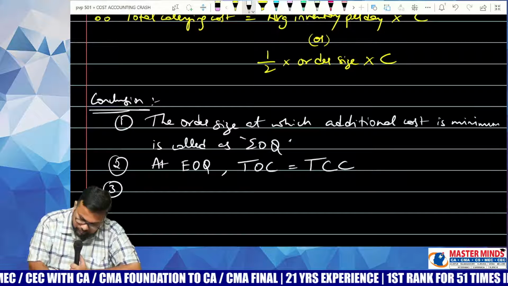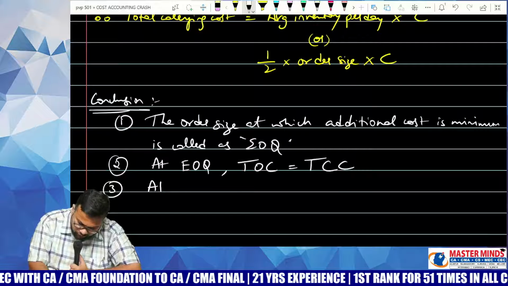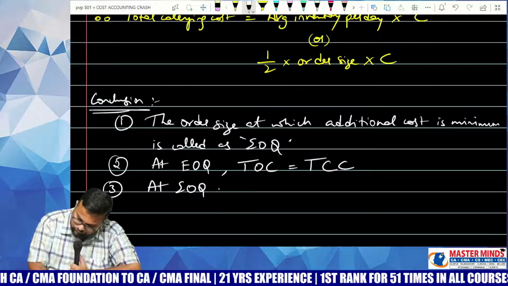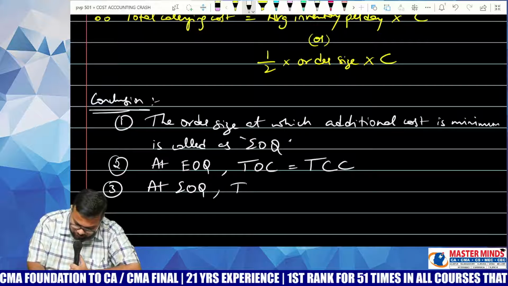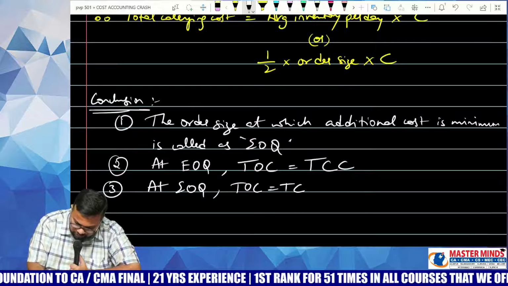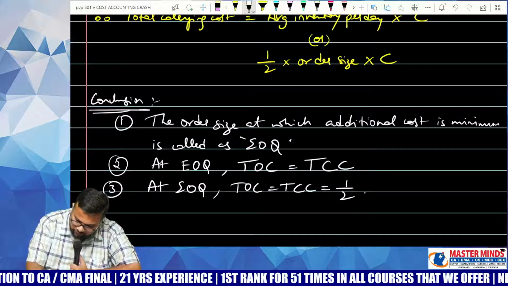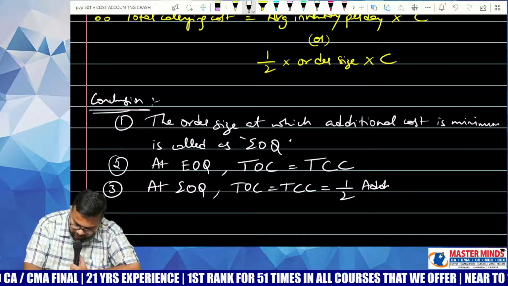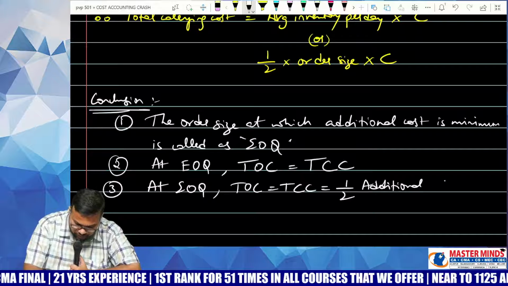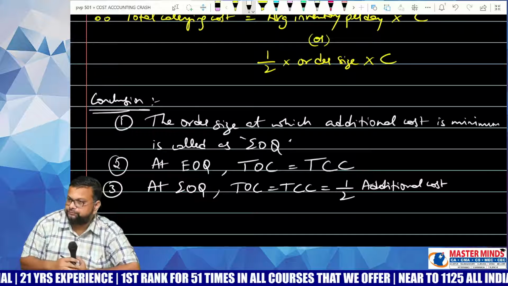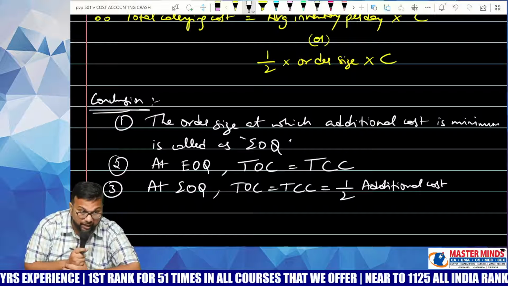Third point, at EOQ, TOC equal to TCC equal to half of additional cost.